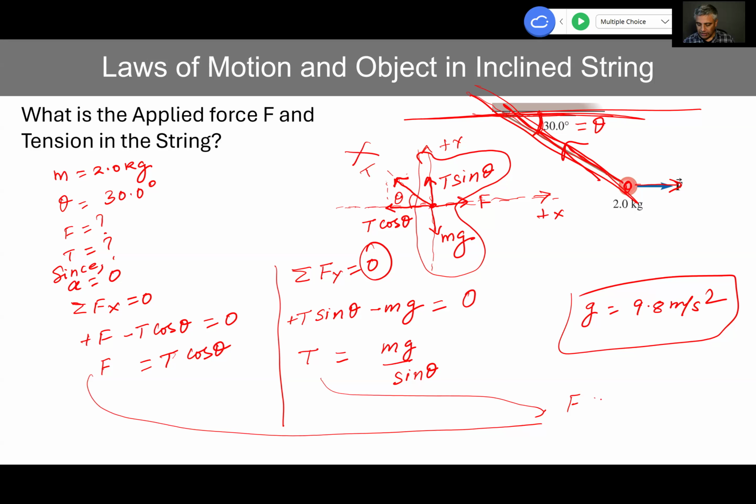So F is now T, meaning mg over sine theta, and then there is cosine theta. So you can just plug everything in once and find F.